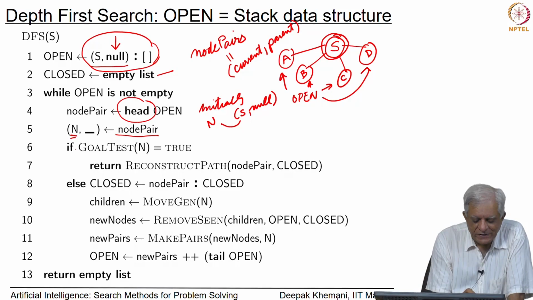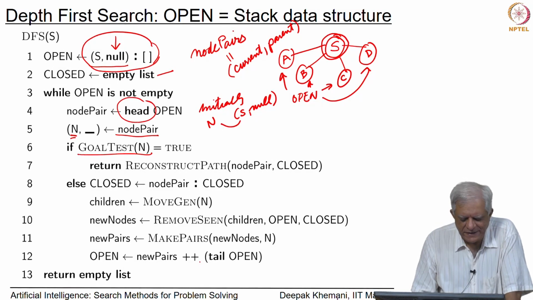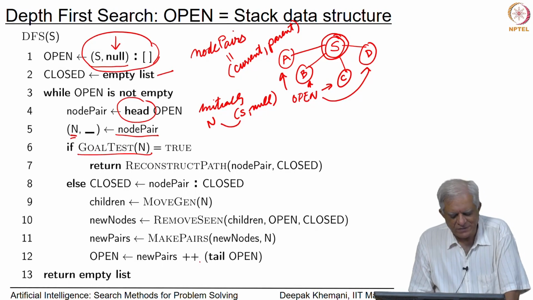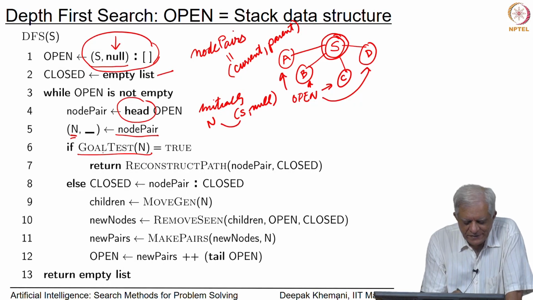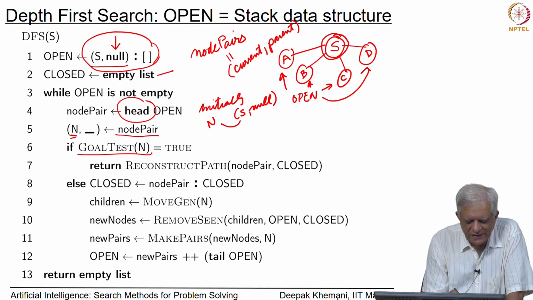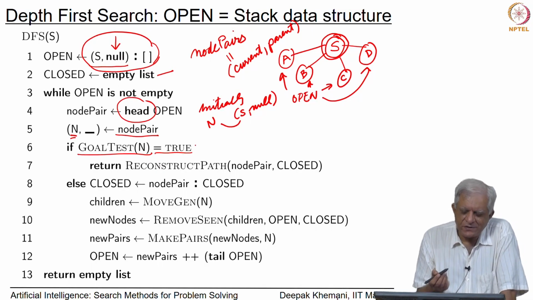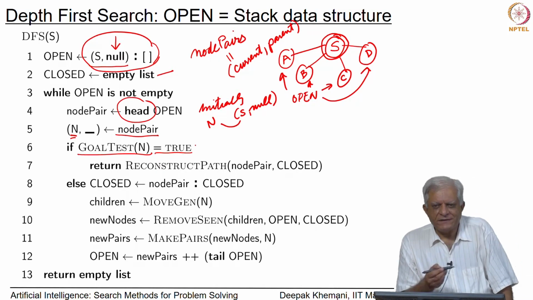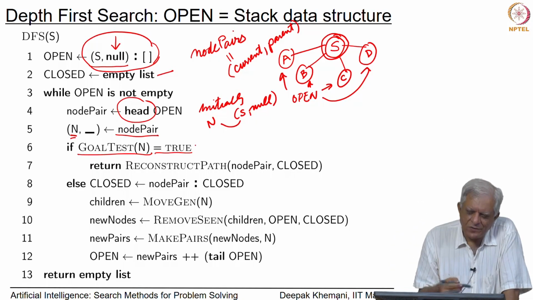So, we take this node n and we apply the goal test function. We have done this in the non-deterministic case, but let us go over this again. This statement says goal test n is true. Goal test is a function which tells you whether you are at the goal node or not, and it returns, in terms of functional programming languages, either true or false.